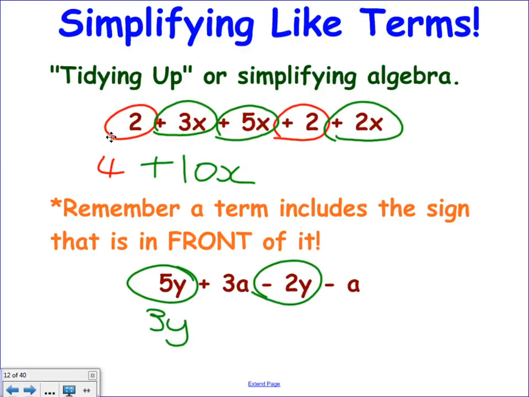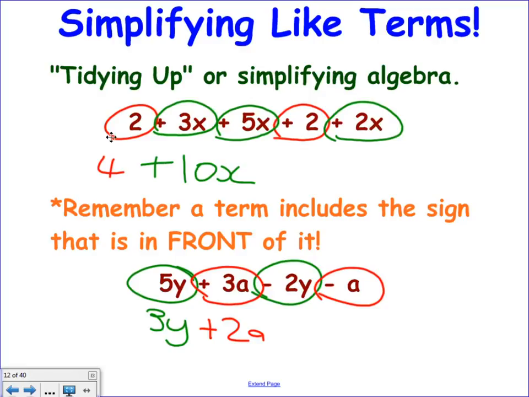Good. What have I got left term-wise? I've got 3a's, and I take away an a, so I'm left with a positive 2a. Trust me, there'll be times when that's negative and that you'll take away more than you've got.